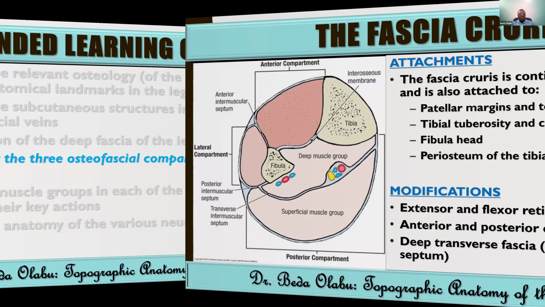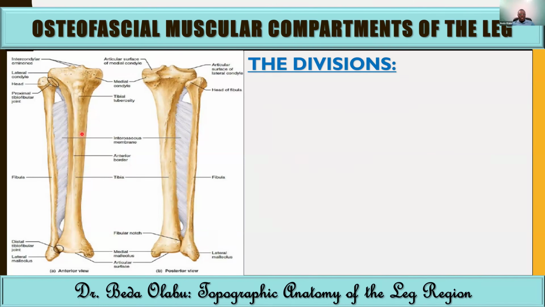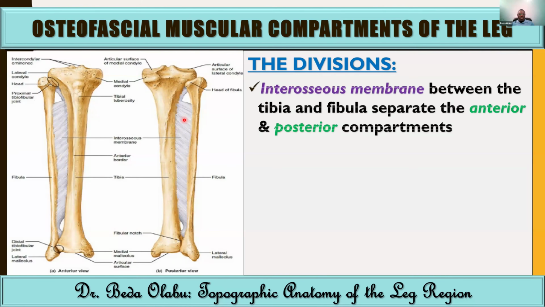Great. So with that anatomy, we can now talk about how the three osteofascial compartments of the leg are formed. First, as mentioned earlier, the tibia and fibula are joined by the interosseous membrane. The interosseous membrane between the two bones helps us to separate two compartments of the leg.